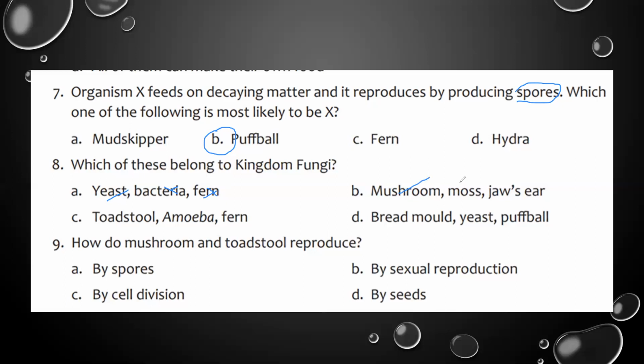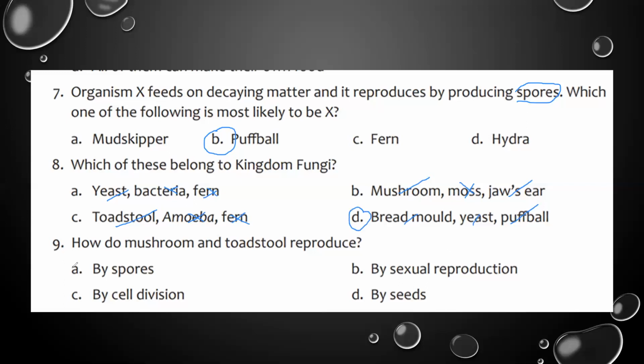Yes. Moss, no. Jew's ear, yes. Letter C, toadstool, yes. Amoeba, no. Amoeba is protista. Fern, no. Fern is kingdom plantae. Letter D, bread mold, yes. Yeast, yes. Puffball, yes. So our answer is letter D.